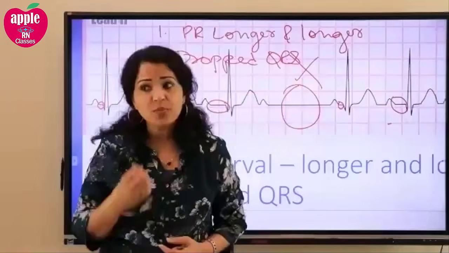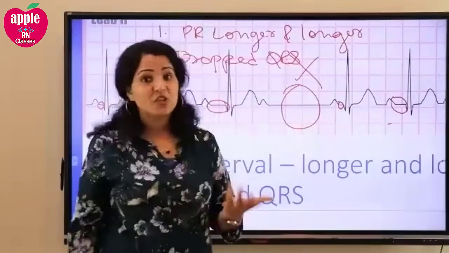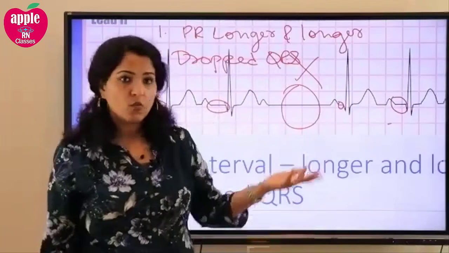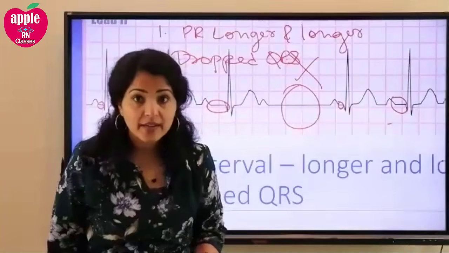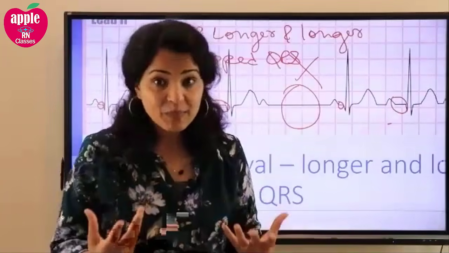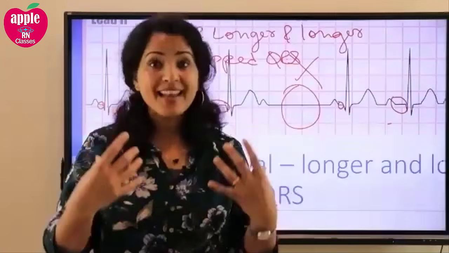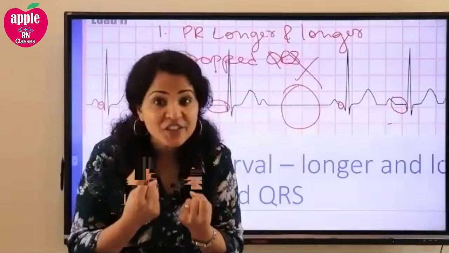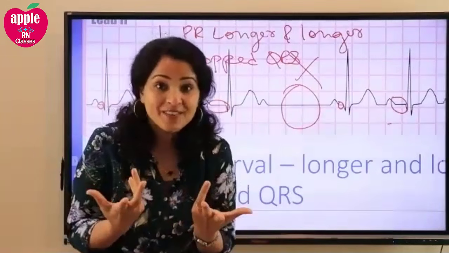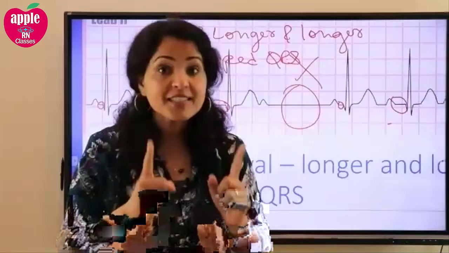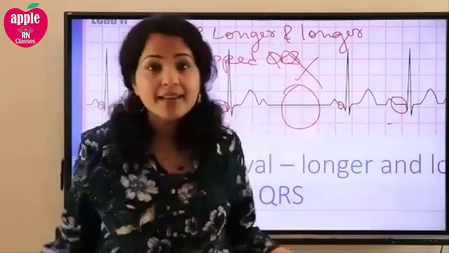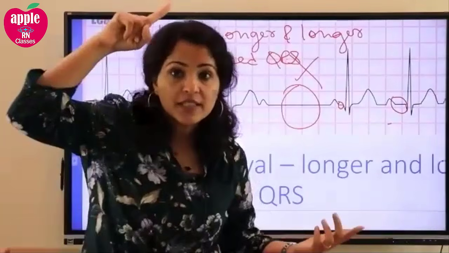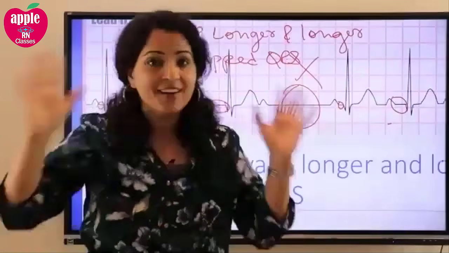Now, what is the problem if the QRS is not there? What is the problem if the husband is not there? What's the problem if the QRS is not there? What is QRS representing? QRS is telling us that the ventricles are contracting. I mean, that's what we are looking for. Now, if the ventricles are not contracting, what is going on? Nobody is getting any blood. Not here, not here, not here, nowhere.